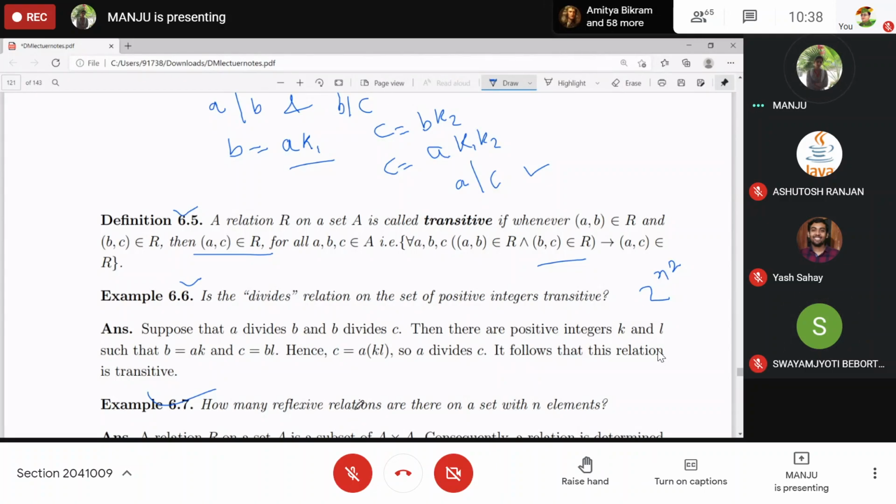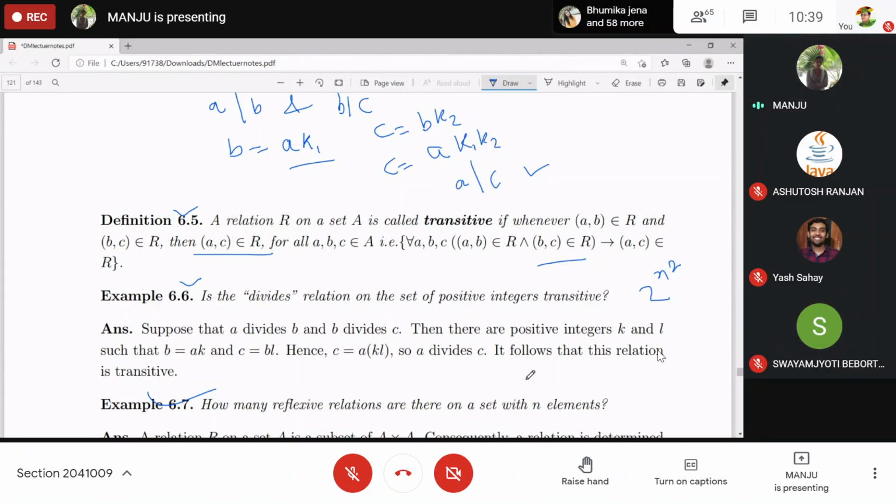Why n? Because for reflexivity, n pairs should be there. A1 is related to A1, A2 is related to A2, up to An, and Ai is related to Ai, right?